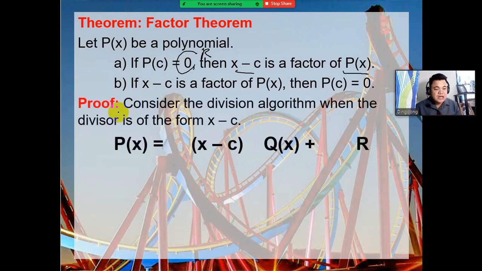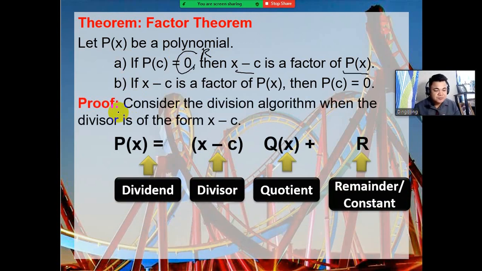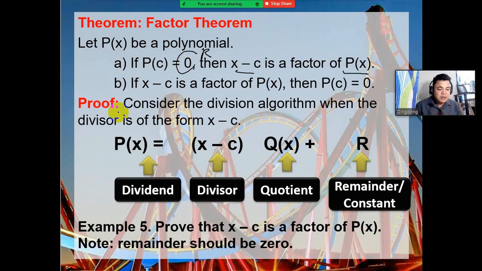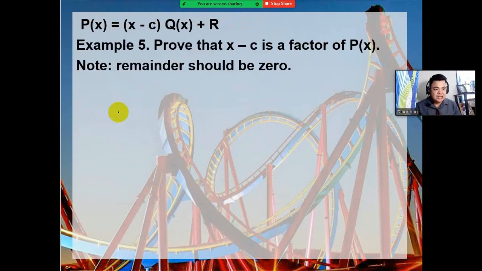Consider the division algorithm again when the divisor is of the form x minus c. Now, example 5. Prove that x minus c is a factor of P of x. Following the theorem, take note that the remainder should be 0.